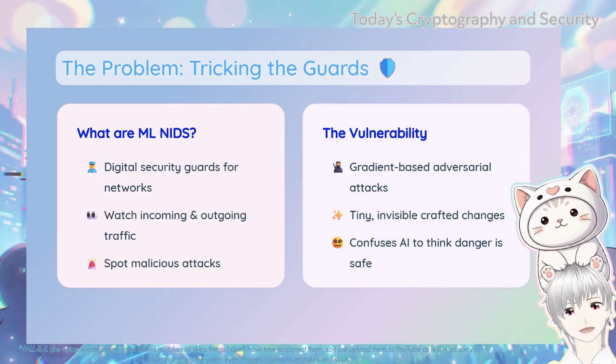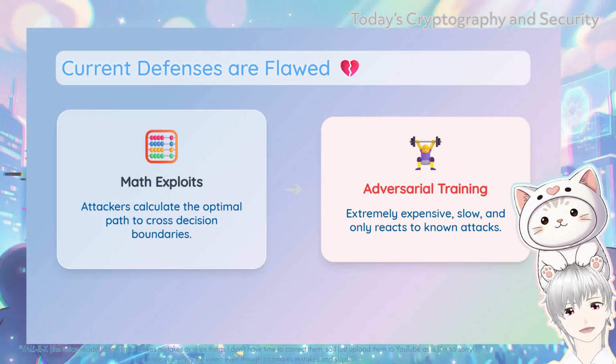Because of these tiny changes, the security system gets confused, and it ends up classifying dangerous, malicious traffic as totally safe and benign. That is right. The attackers use complex math to find the exact blind spots in the artificial intelligence. They calculate the optimal path across the decision boundary of the model, which basically exposes the structural limits of the network.